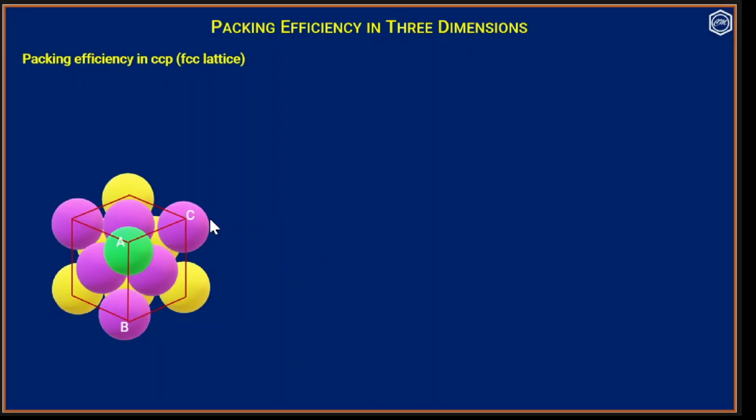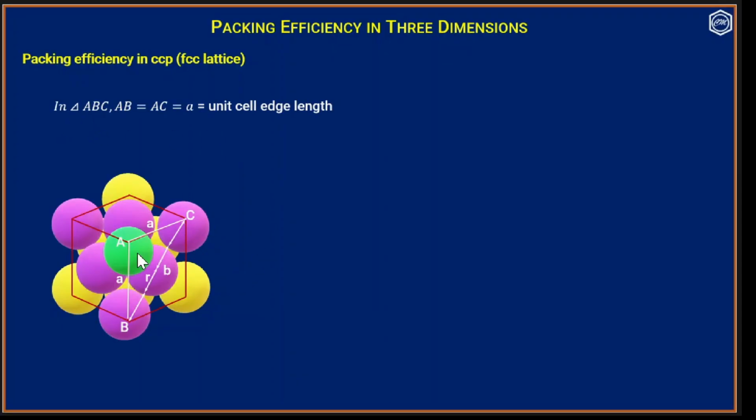So A, B and C: this is the edge length of the unit cell. This distance will be a radius, this also will be another radius, and this distance BC consists of 4 radii. We take BC, that is the face diagonal, as b.